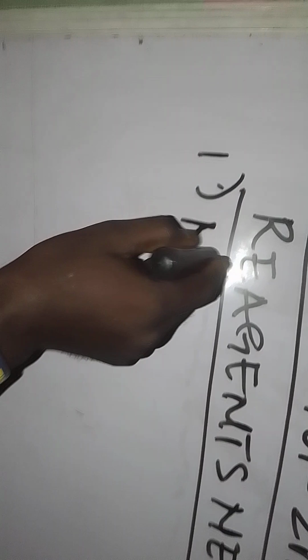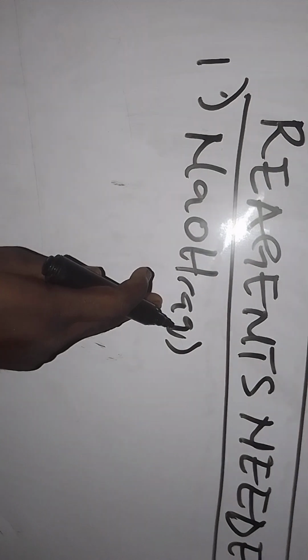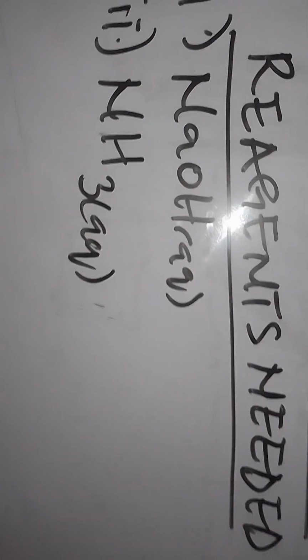The first reagent is sodium hydroxide, NaOH solution. That AQ means water has been added to the NaOH. The second one is aqueous ammonia, NH3 AQ, ammonia solution. Ordinarily, ammonia is a gas, but when it is dissolved in water, it forms aqueous ammonia, which is also known as ammonia solution.